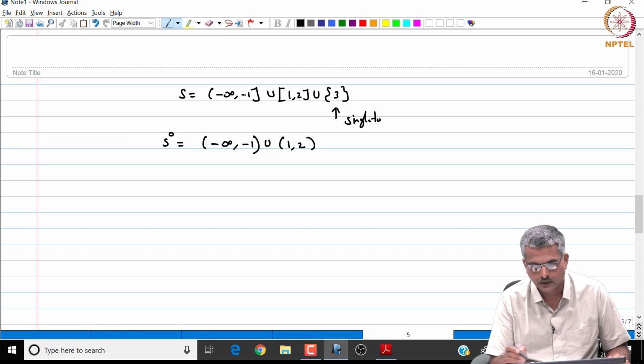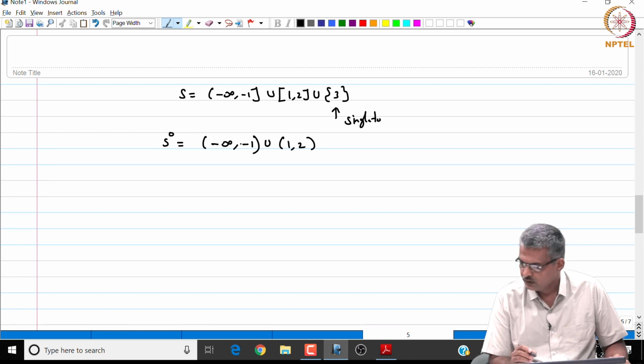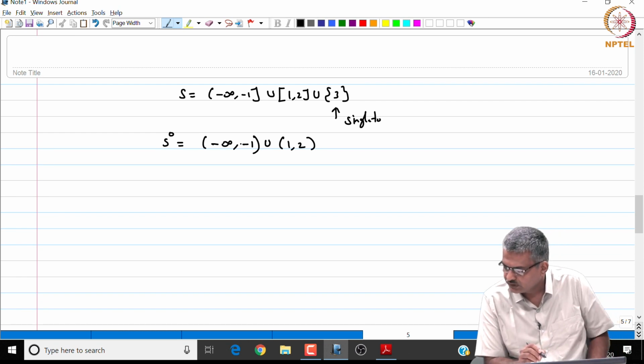You remove them, and the way you remove is you make it an open set. We denote open intervals by round brackets. What about the S closure?